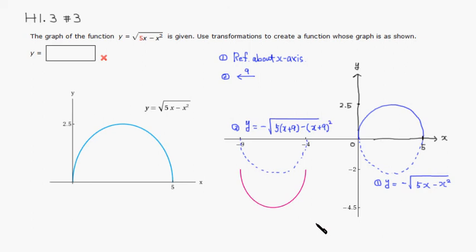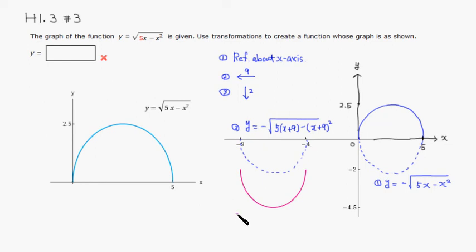After that, you can see that here's 0, then it's going to drop down to -2. So the third transformation would be to shift it down by 2 units. We can simply subtract the 2 from the whole function.